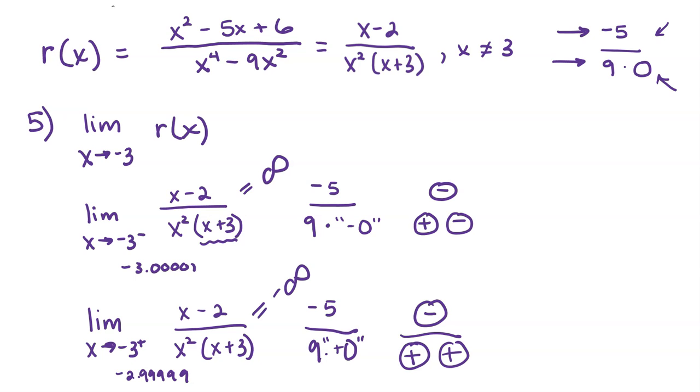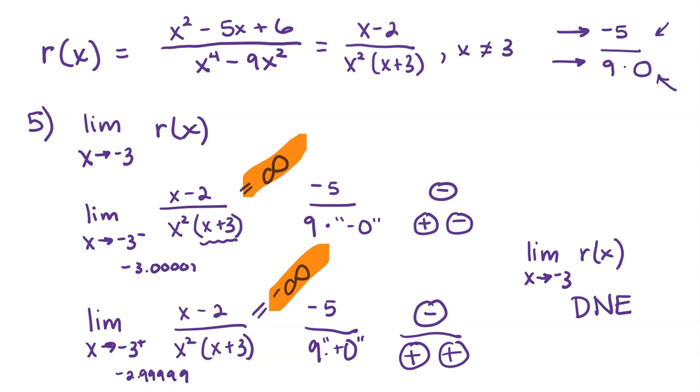We've got two one-sided limits which are different. So the two-sided limit is going to not exist. So the limit as x goes to -3 of r of x does not exist.